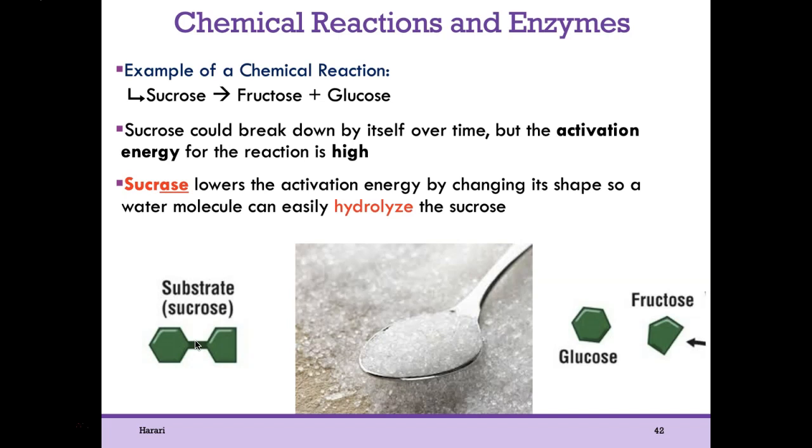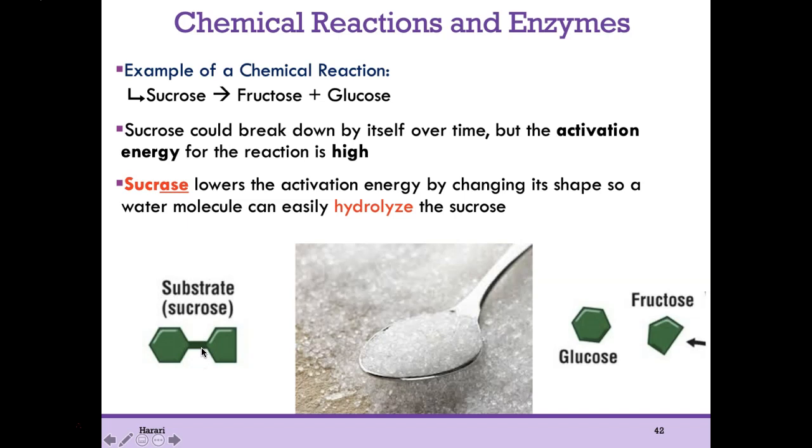So we have an enzyme called sucrase, right? Enzymes end in -ase. Sugars end in -ose. You should write that in your notes. So sucrase is the enzyme that breaks down the sugar sucrose. And sucrase can speed up the digestion of sucrose because it can lower the activation energy by changing its shape so that a water molecule can easily do hydrolysis and break down this bond.